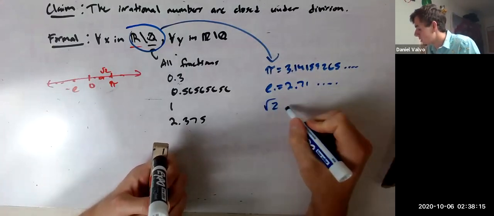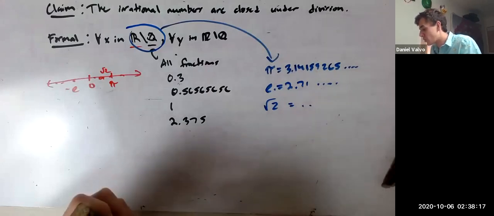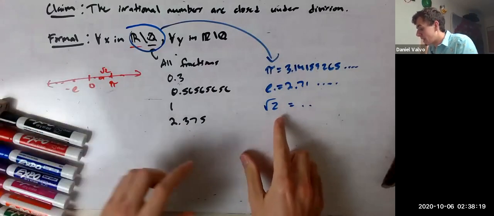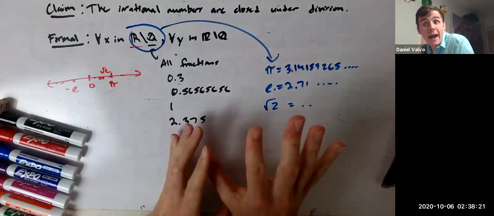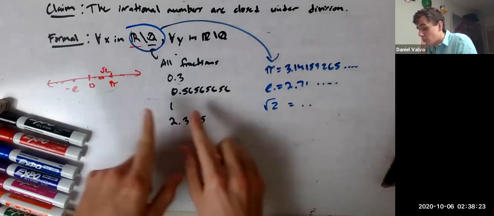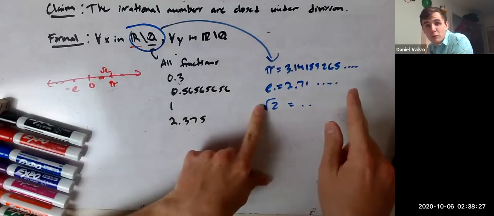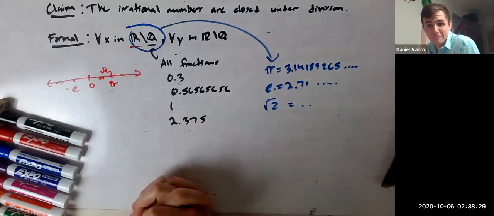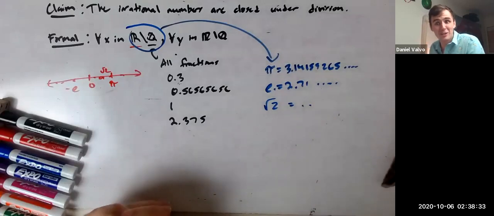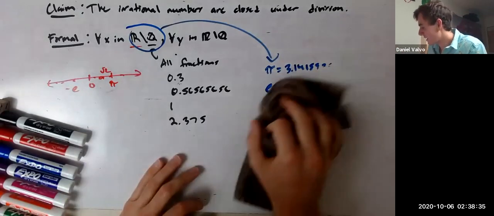Or the square root of 2 is the same way. So that is what an irrational number is. They're not imaginary numbers. They're just real numbers, numbers on the regular number line that have decimals that never repeat and never end. Make sense? Yep. So they're even easier in a certain sense.